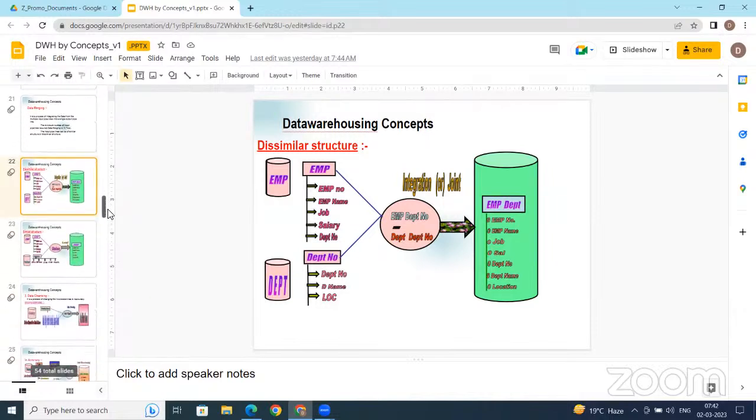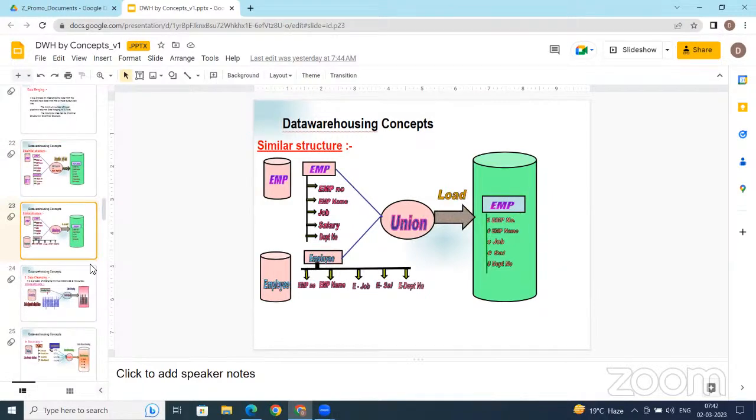So this is dissimilar structure. The next one is similar structure. In similar structure, the table names may be different, but the layout inside the tables or files, the metadata layout, is common. In that scenario, we consider it a similar structure.